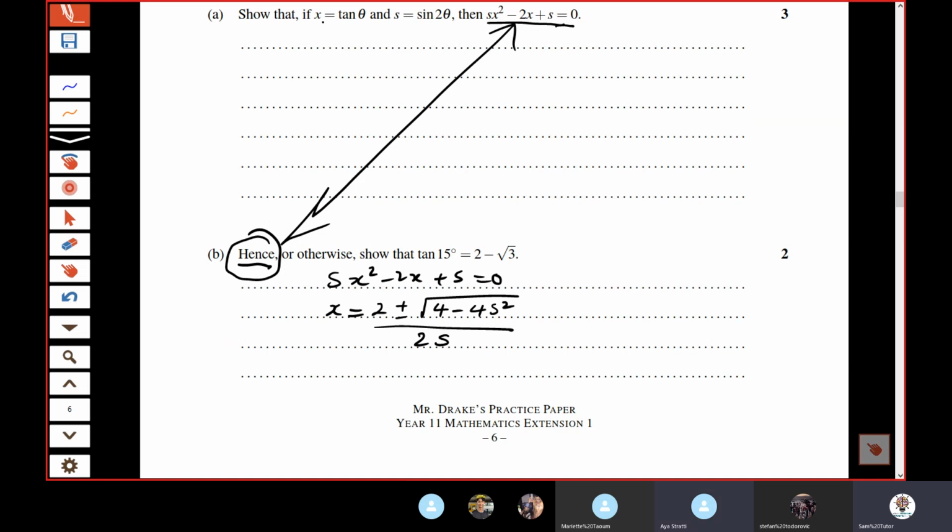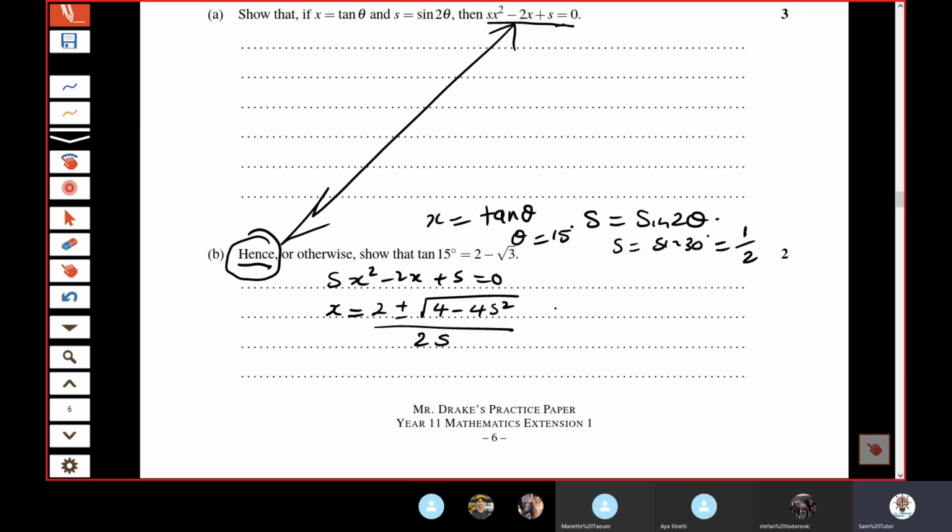That's when you have x equals what? Tan theta. And s equals? Sine 2 theta. And then obviously what does theta equal? 15, because you want tan theta, right? 15. So then s is equal to sine 30 degrees, which you know is a good number. You like 30. So plug sine 30 in your calculator, gives you a half.